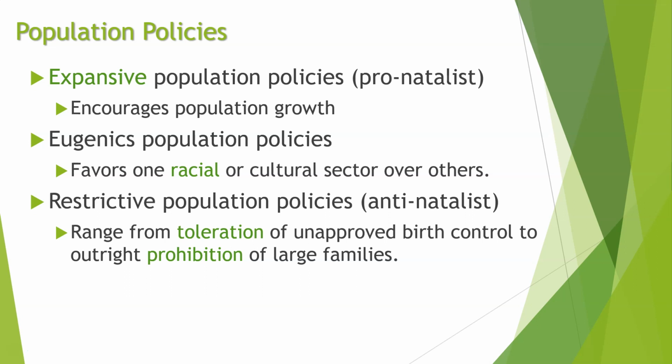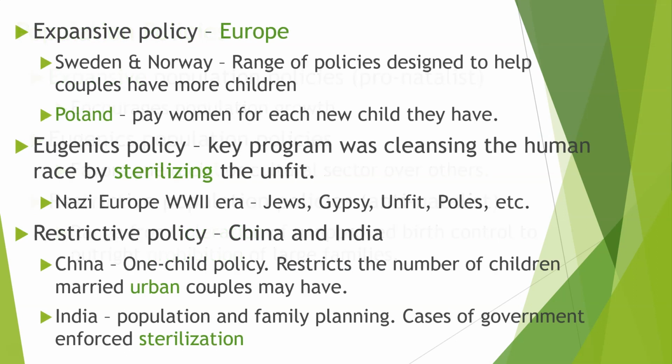And then we talked about antinatalist policies, or restrictive population policies, where they're trying to limit or control population growth through government programs, through other aspects coming from the state or coming from other political or cultural influencers.